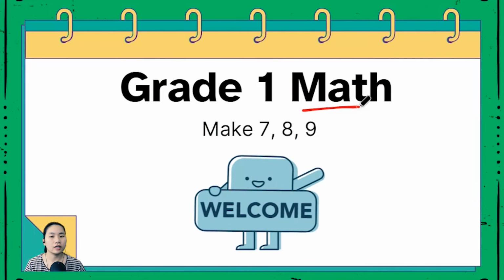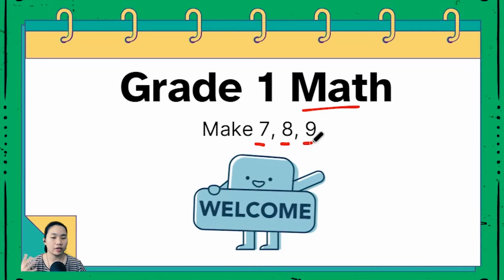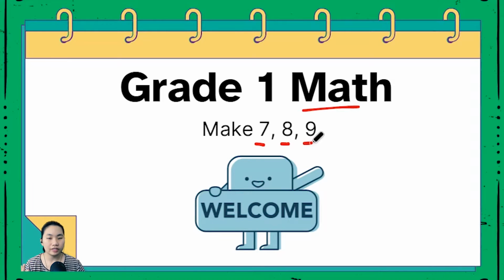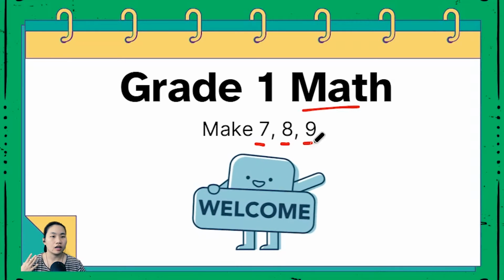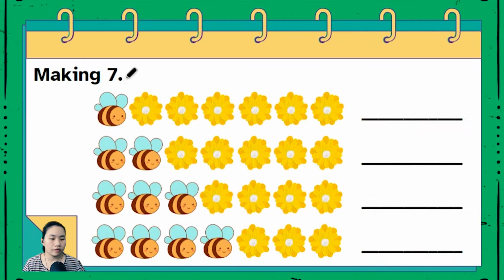Today we'll be learning about how to make 7, 8, and 9, bigger numbers compared to our previous lessons of 4, 5, and 6. First off, we'll be learning about how to make 7, okay? So I have a lot of flowers over here, and I have some bees.